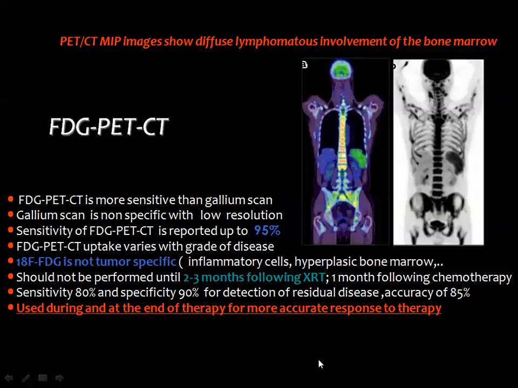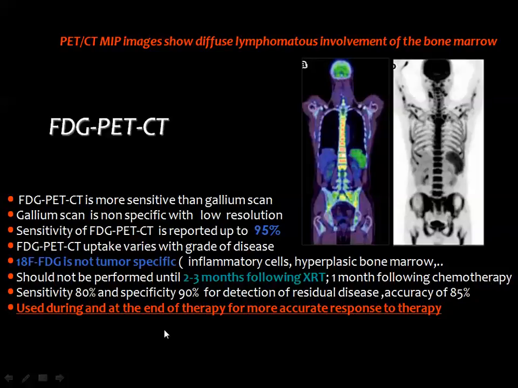It's important to note that we may perform the PET-CT after 2 to 3 months following radiotherapy and after 1 month following chemotherapy.